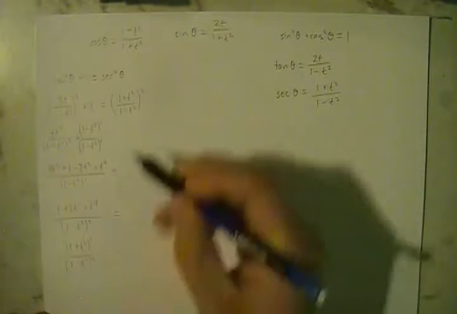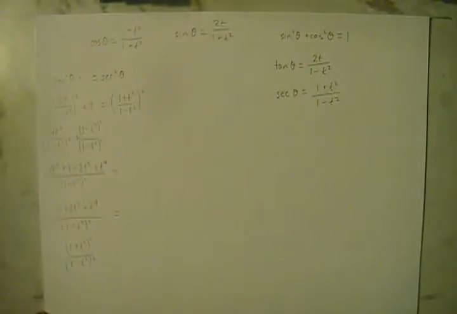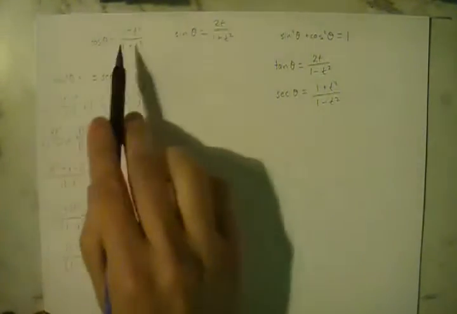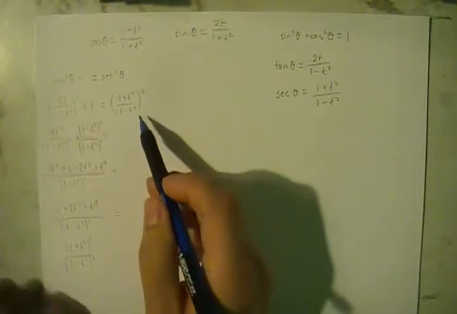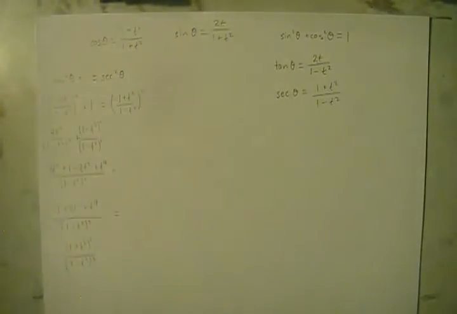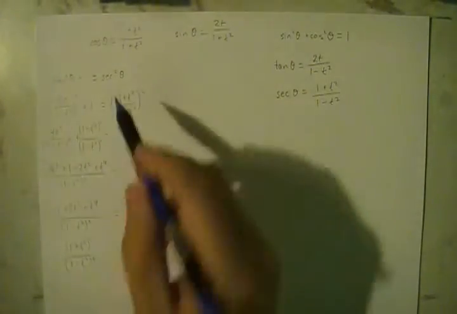Okay, and then we can see that the two sides match up. So we verified that our parametric equations satisfy this equation, or this formula that we know is true.